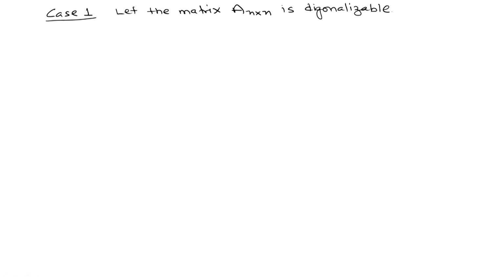So it means I can write the matrix A equals P D P inverse, where P is the modal matrix coming from the eigenvectors of A and D is the diagonal matrix having diagonal entries as the eigenvalues of A.